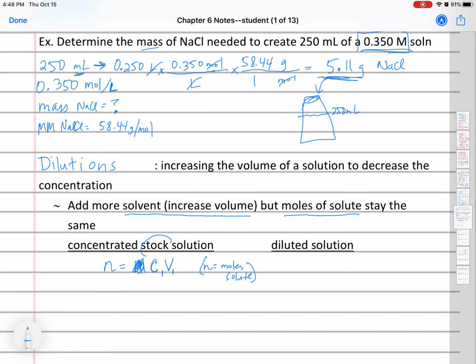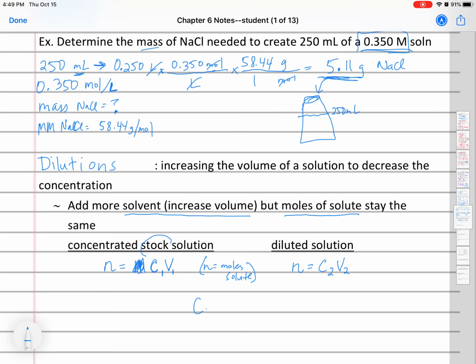In the diluted solution, you've added more volume, but the number of moles is still the same. The concentration has gone down and the volume has gone up. So the number of moles is still going to be the same, but we're going to have a new concentration and a new volume. So when we are doing dilutions, we can use this very handy formula that we derive from this equivalency here.